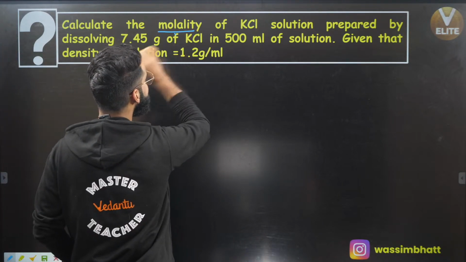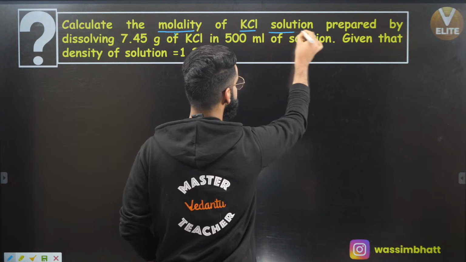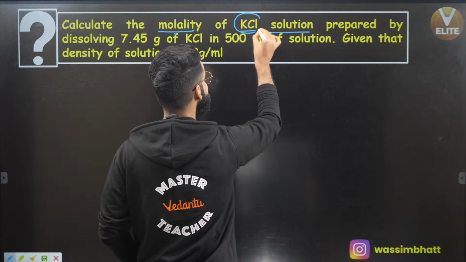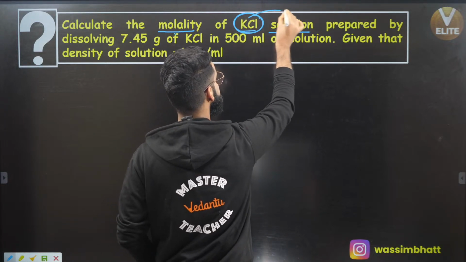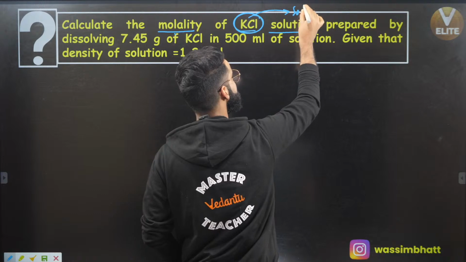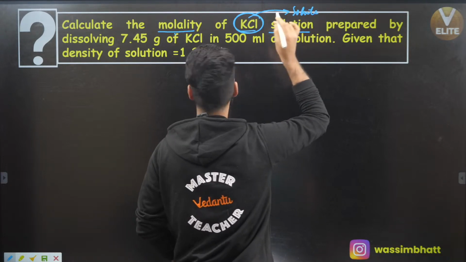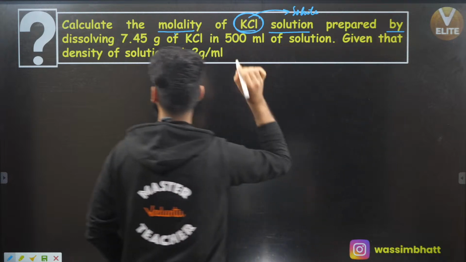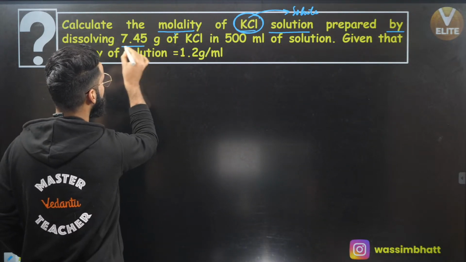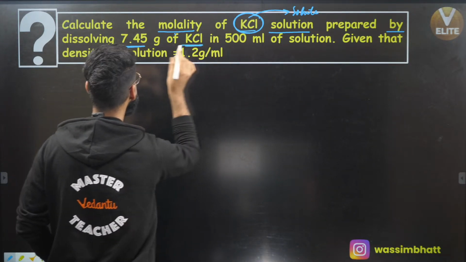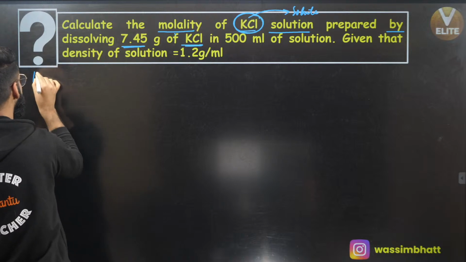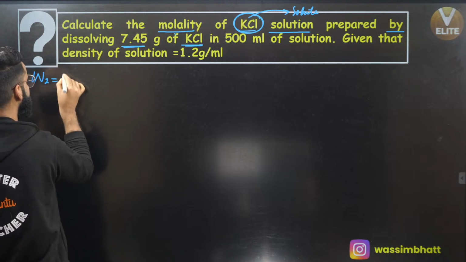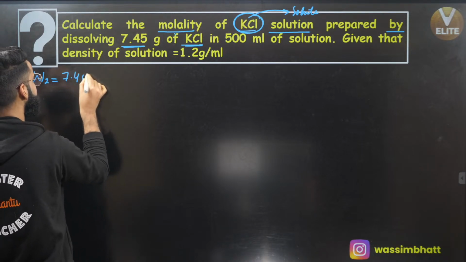Calculate the molality of KCl solution. So first of all, KCl is my solute. I've got KCl solution, that means KCl is my solute. Calculate the molality of the KCl solution prepared by dissolving 7.45 grams of KCl. Since KCl is my solute, I first of all got to know mass of solute, which I'm representing by W2, which is 7.45 grams.